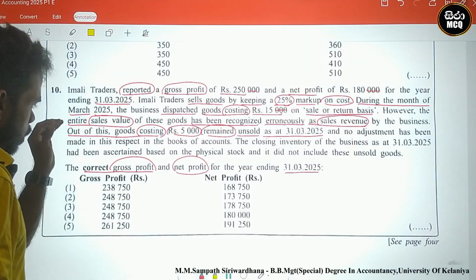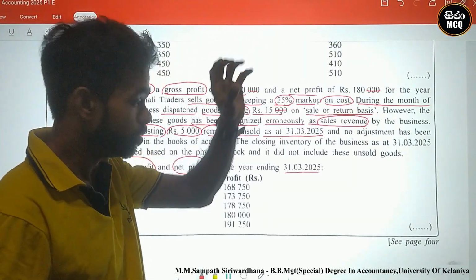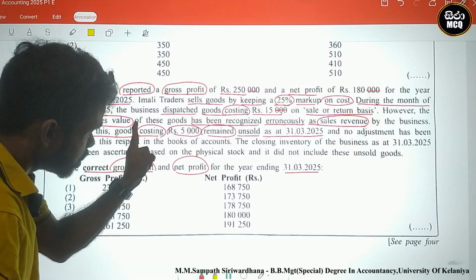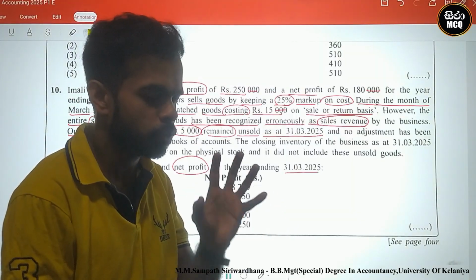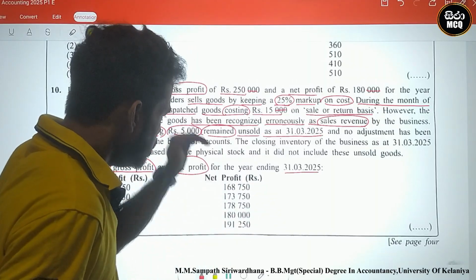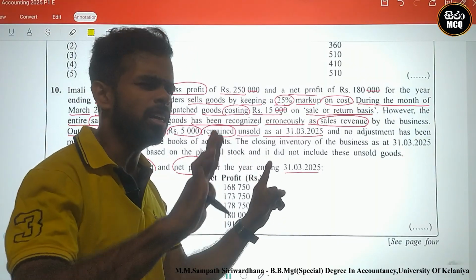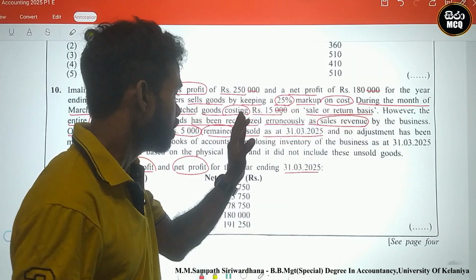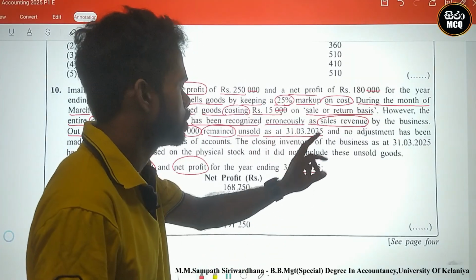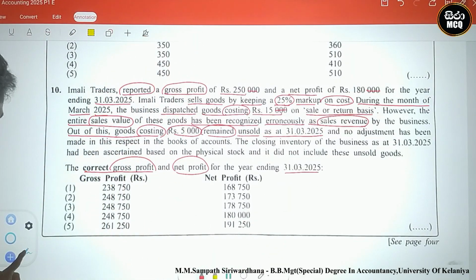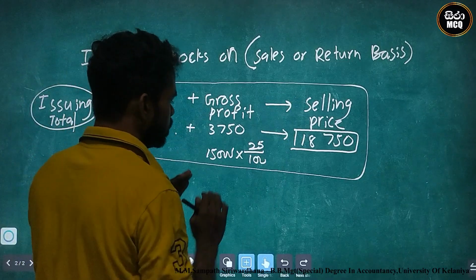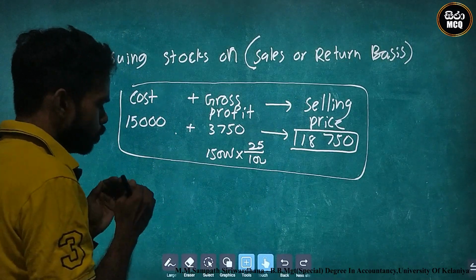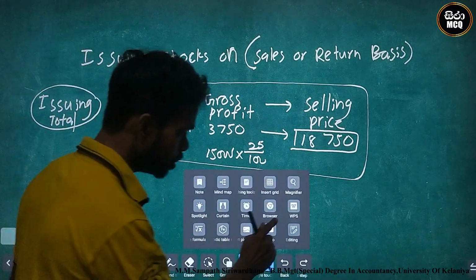Out of this total stock, goods costing 5,000 remained, the cost of the goods remaining unsold. They are not sold. This is the requirement, out of this 5,000 cost.